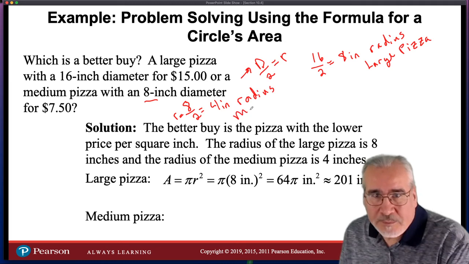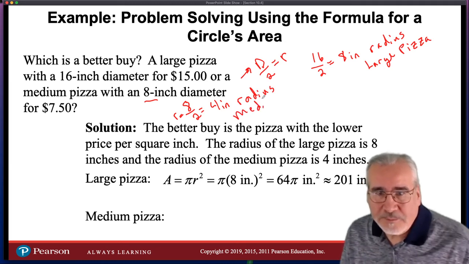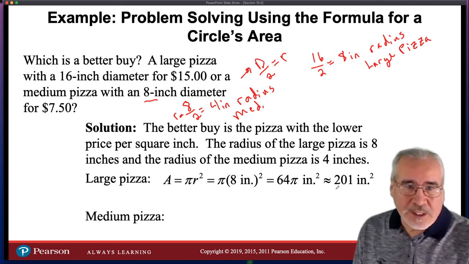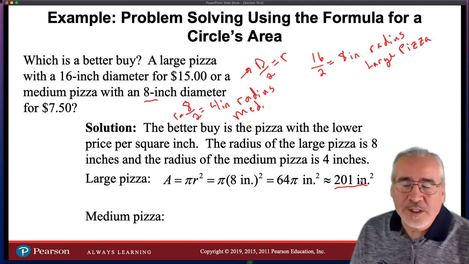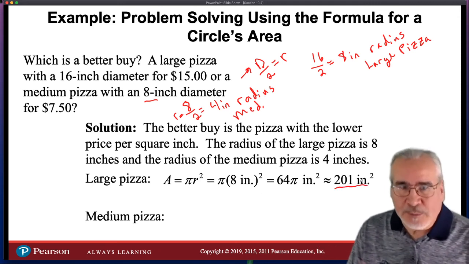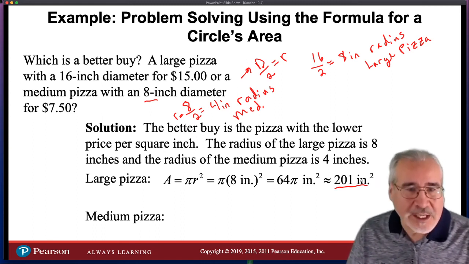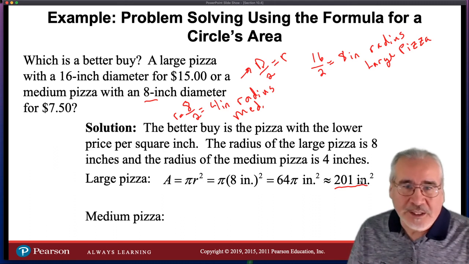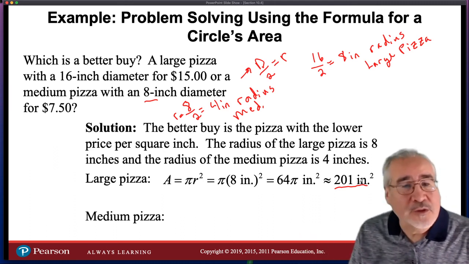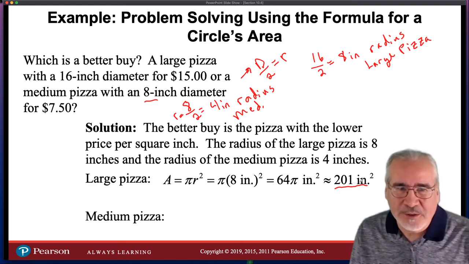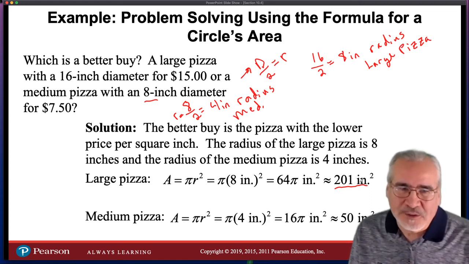Okay, so with the large pizza, we're getting 201 square inches. That's what's edible. Of course, it depends on how much crust you get. You could do that calculation separately, but the edible part is 201 square inches.